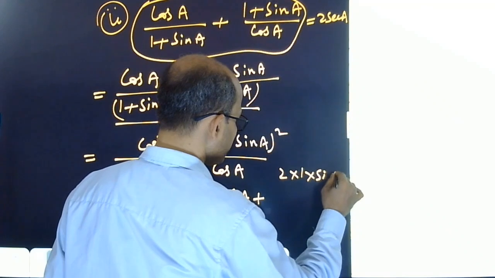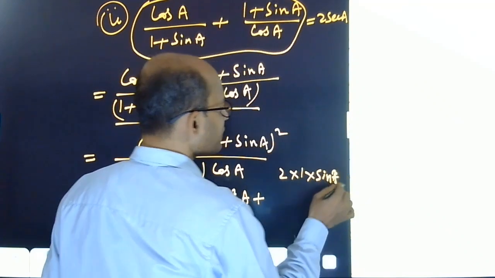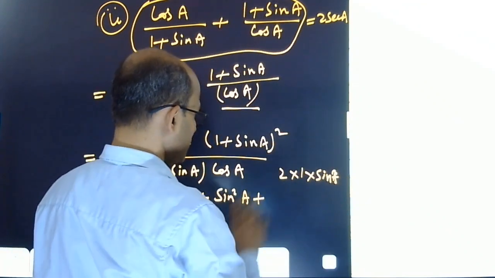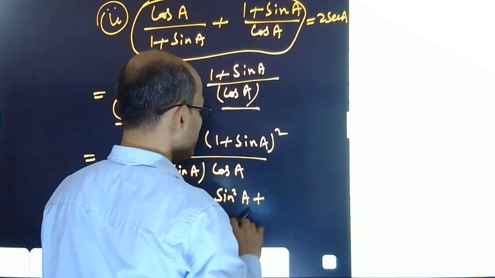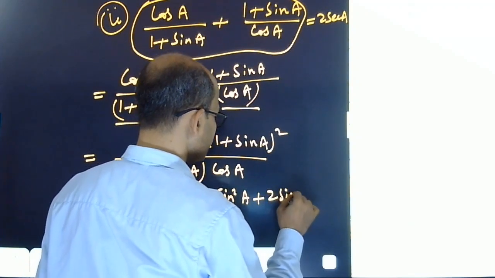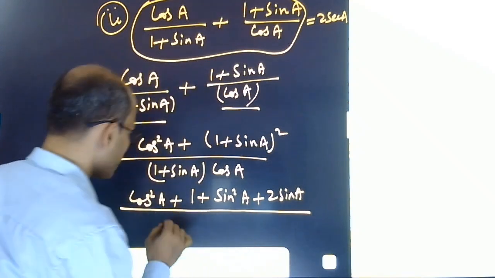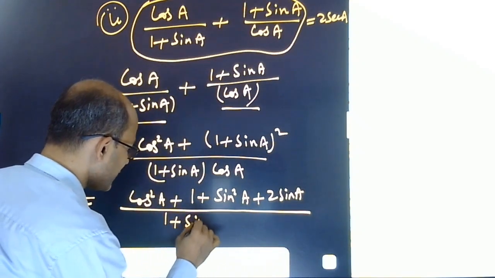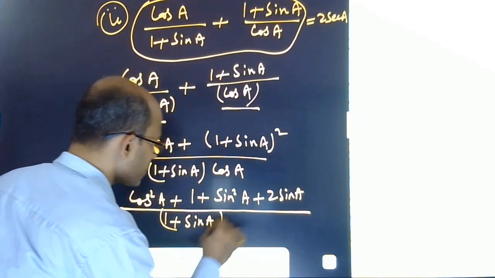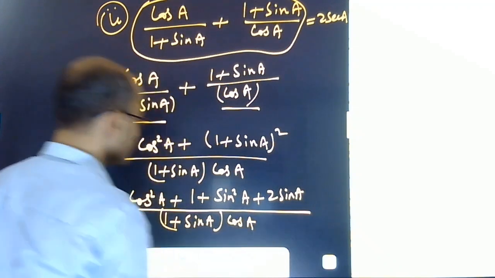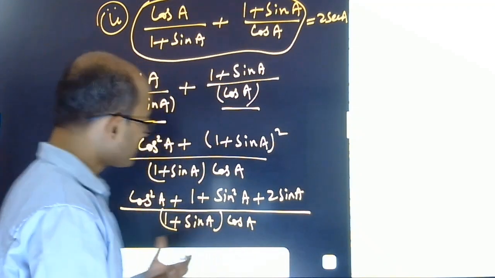How much will it give? It will give 2 sin A. So we will write 2 sin A. And in the denominator, we are required to write down (1 plus sin A) cos A. We are required to just focus a little bit.